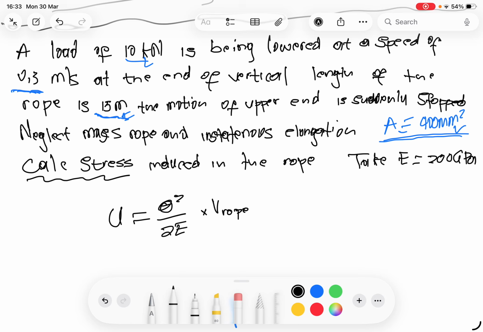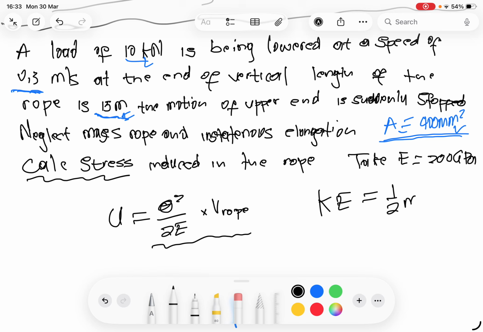But now we are given the velocity. We know energy cannot be destroyed, but it can be transferred from one form to another. Since we have strain energy, it should be equated to some other energy related to velocity.